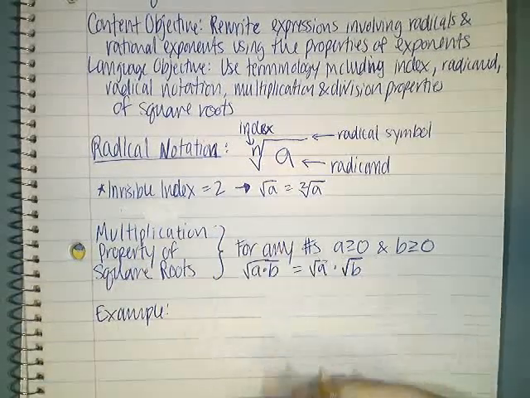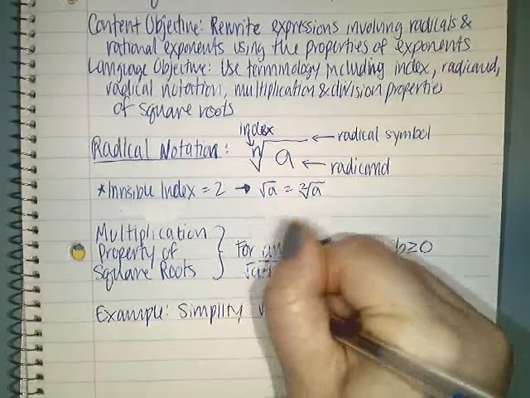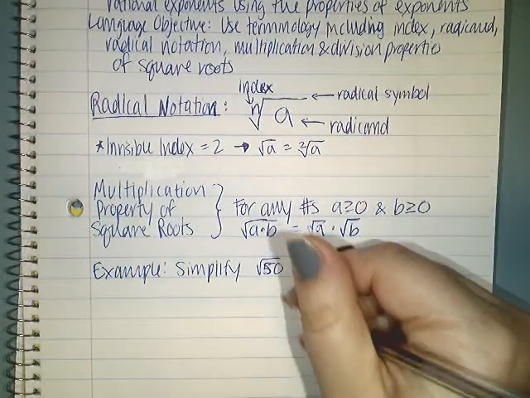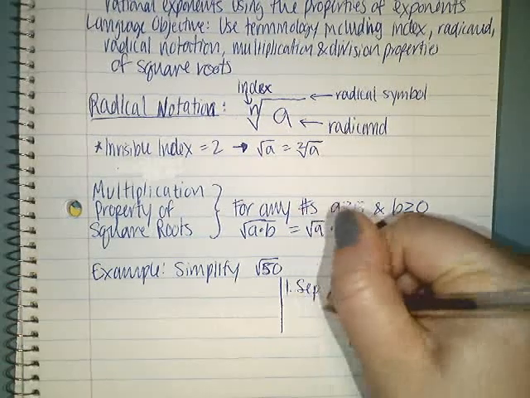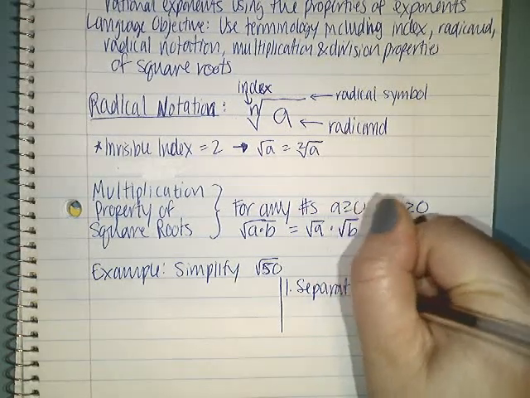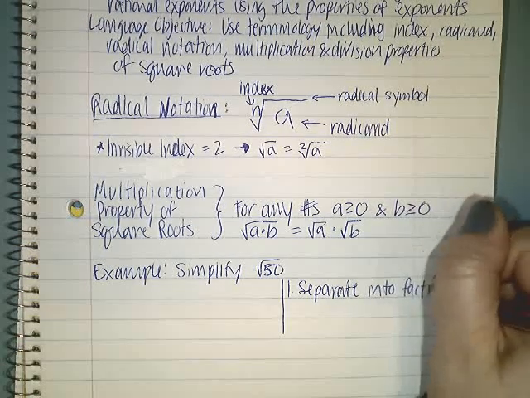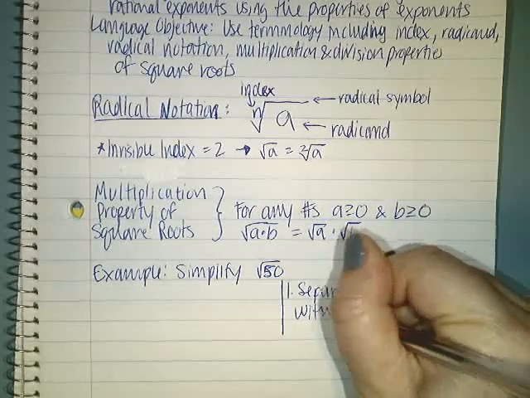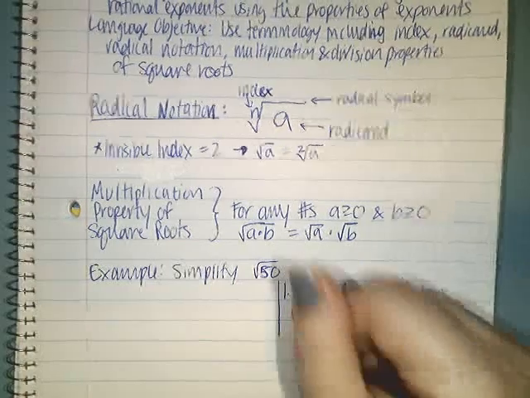So our first example, I want us to simplify the square root of 50. Okay, so what we can do here, step 1, we're going to separate the radicand into factors with at least one perfect square.